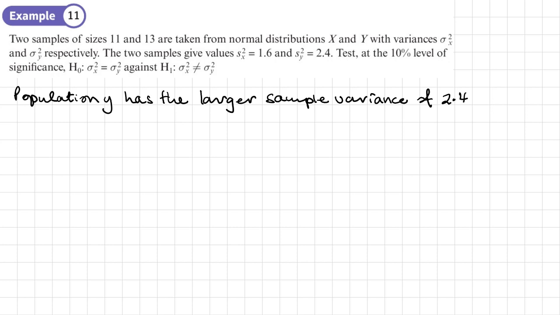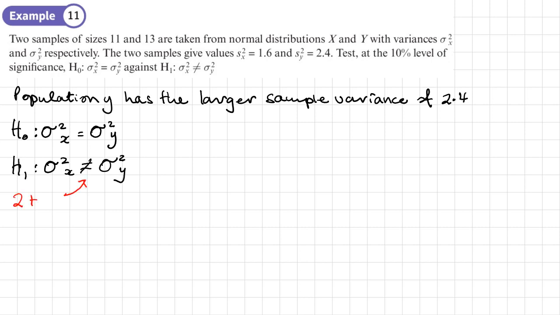Now I know H0 and H1 are written, I'm just going to write them down again. So H0, as always, is that the population variances are the same, and H1 is going to be that the population variances are not equal. Anytime we have not equal, whatever type of hypothesis test, we know this is going to be two-tail.